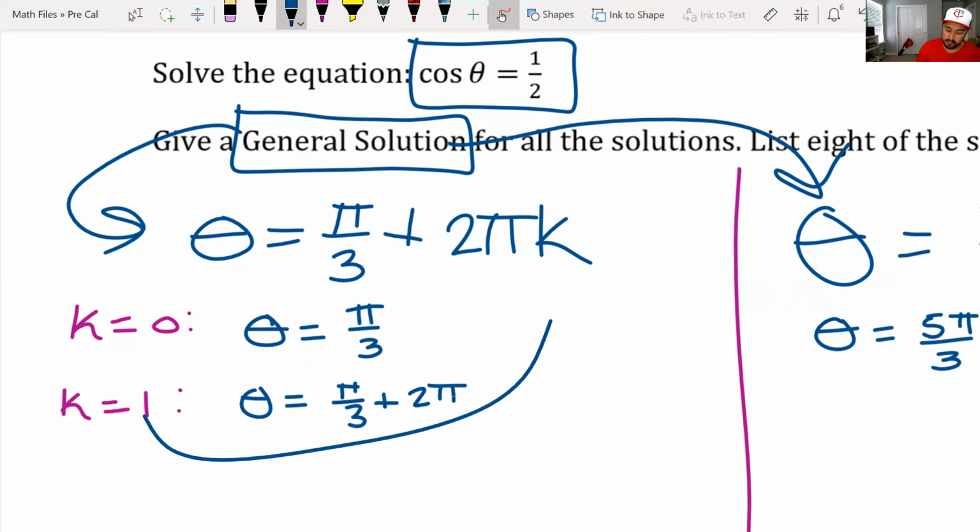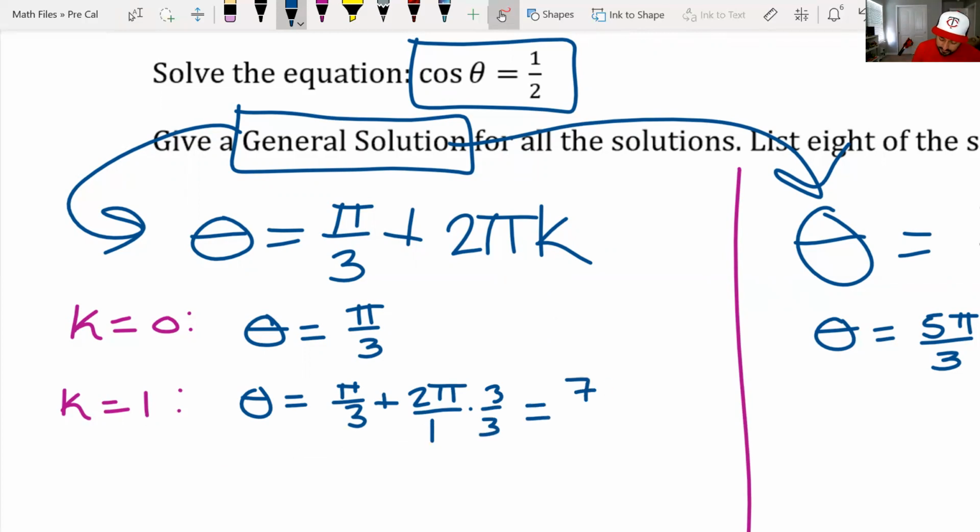Because we plugged 1 in for k, and then that just became 2 pi. All right, put 2 pi over 1, get a common denominator of 3. Our second value for theta is going to be pi over 3 plus 6 pi over 3. So what's that? 7 pi over 3. There you go.